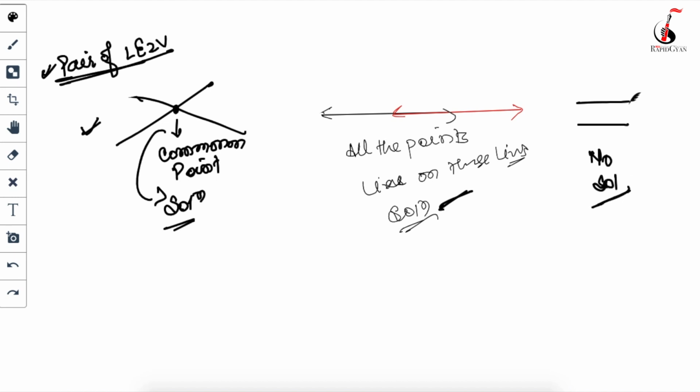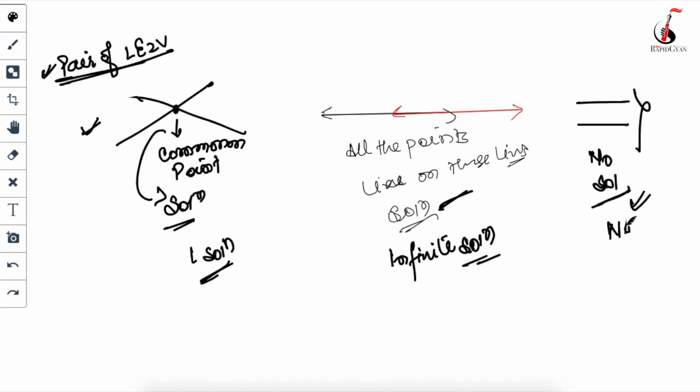If the two lines are parallel to each other, you will get no solution. So three cases: you will get one solution when the two lines intersect each other. When the two lines coincide, you will get an infinite number of solutions. And in the parallel case there will be no solution.